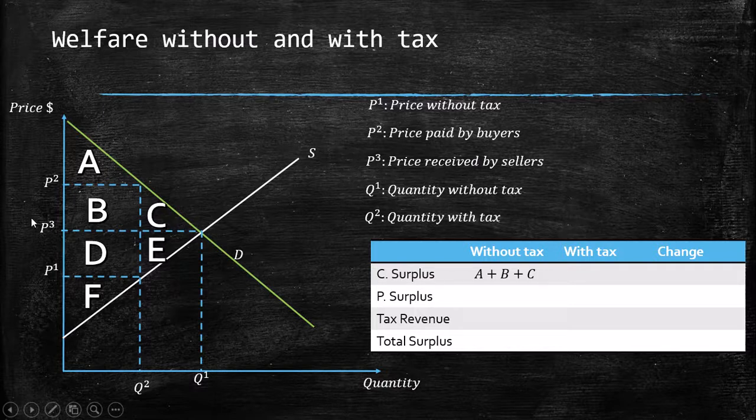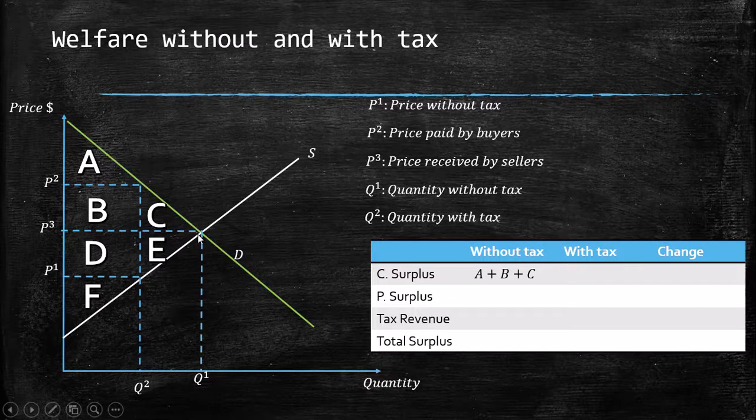Because we have the equilibrium price, which is P3, and the quantity Q1. Along this part of the curve there are a lot of consumers who could even pay higher prices in order to consume, but because of the market they don't have to pay those prices.